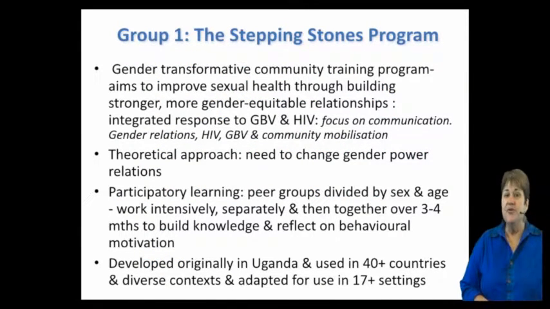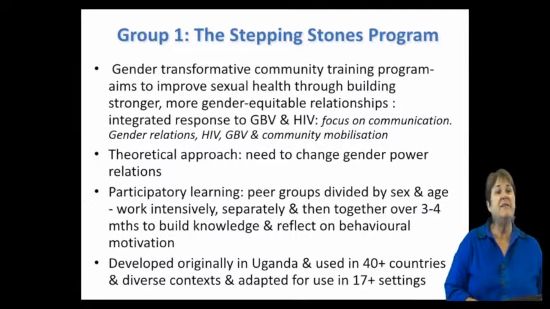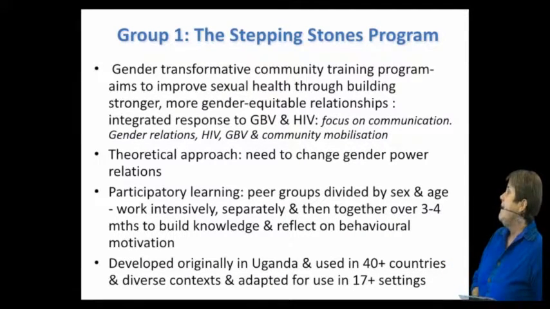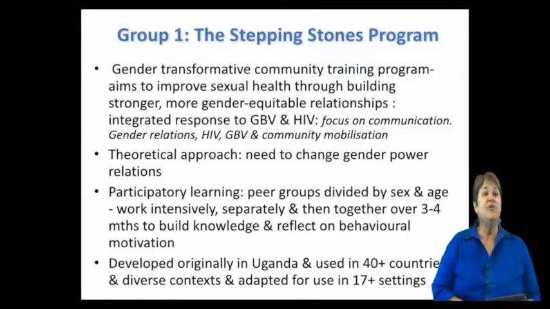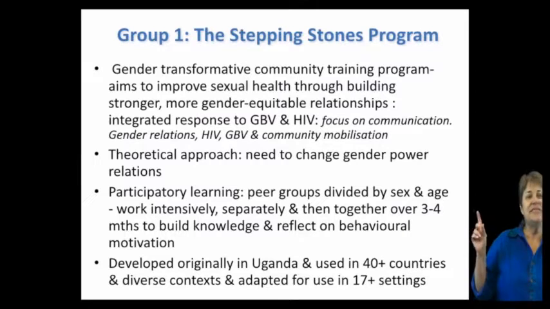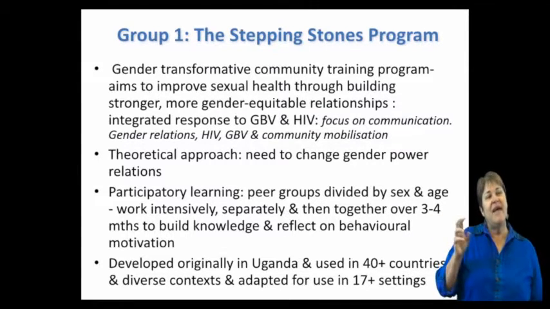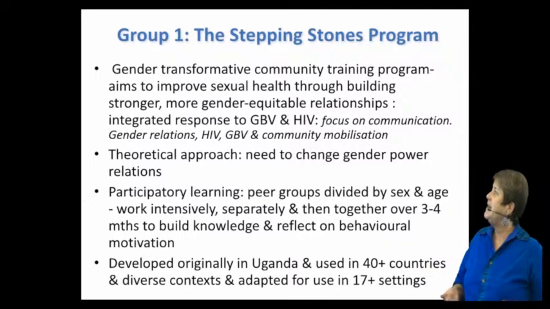So the first group looked at a program called Stepping Stones, which is operated in about 40 countries in the world. It was developed originally in Uganda, and it's been adapted for use in 17 different settings. There was a very interesting one that I gave you to have a look at from Malawi, where they made it much shorter than the original one.